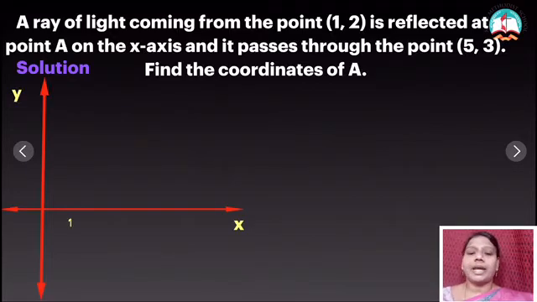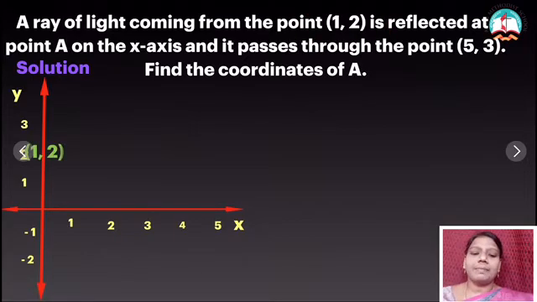So x and y I have taken. To mark the point 1, 2 as well as 5, 3, I am just taking 1 unit on x and y. Okay. So if I am taking it like that, now first I have to mark a point 1, 2. So I am marking a point 1, 2 over here. Now what is given? A ray of light is coming from that point. It is reflected at a point A on the x-axis.